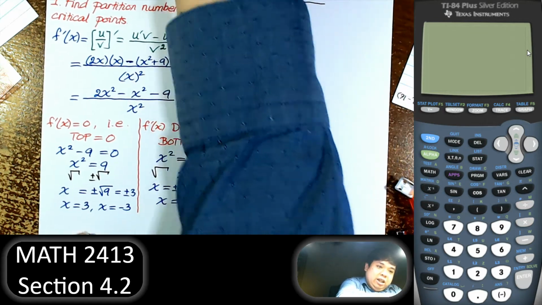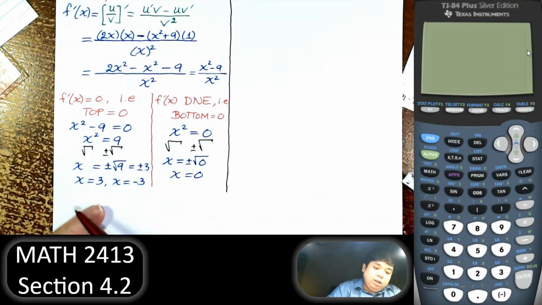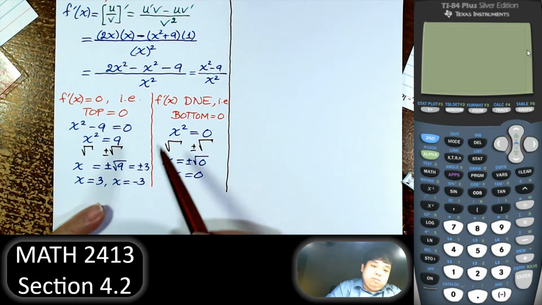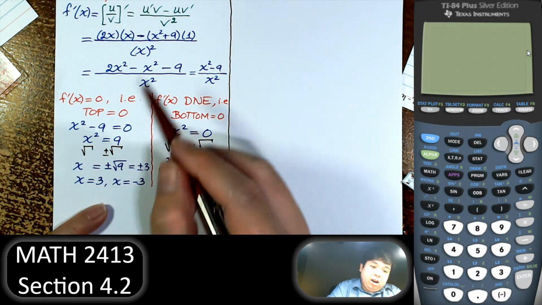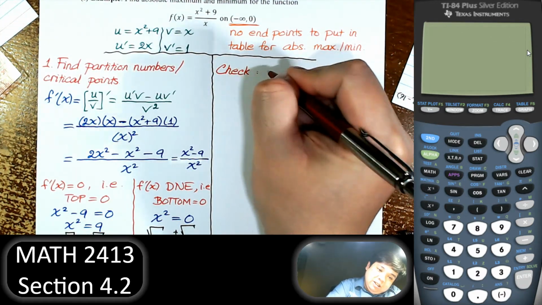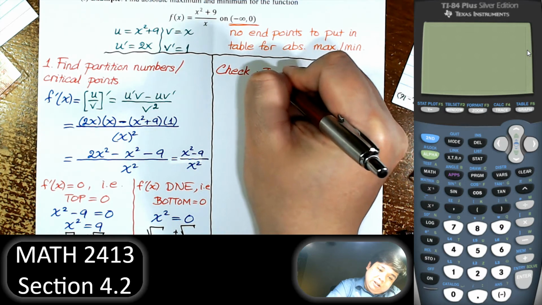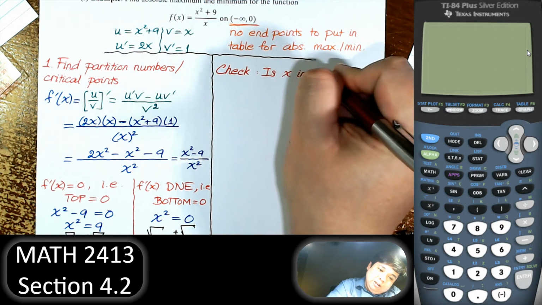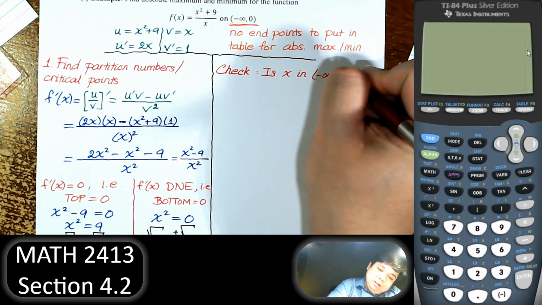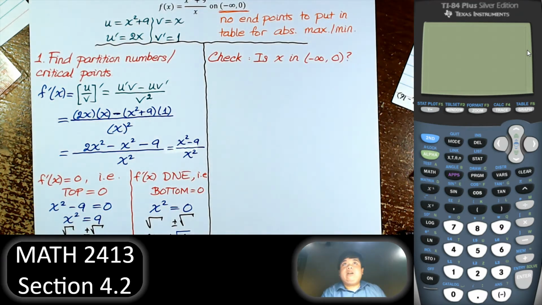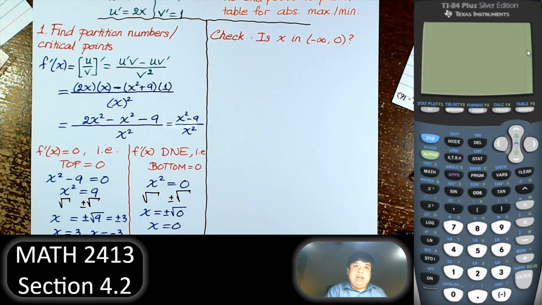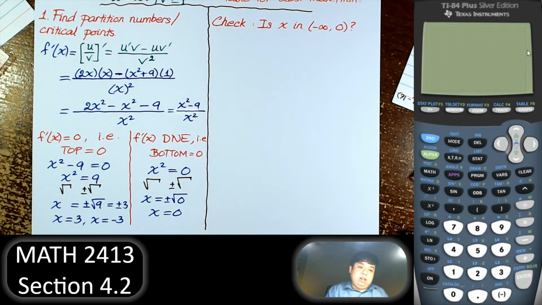So obviously here we check only one of them that satisfies that condition. So we check for that, and in this case only x equal to negative 3 is between negative infinity and 0.